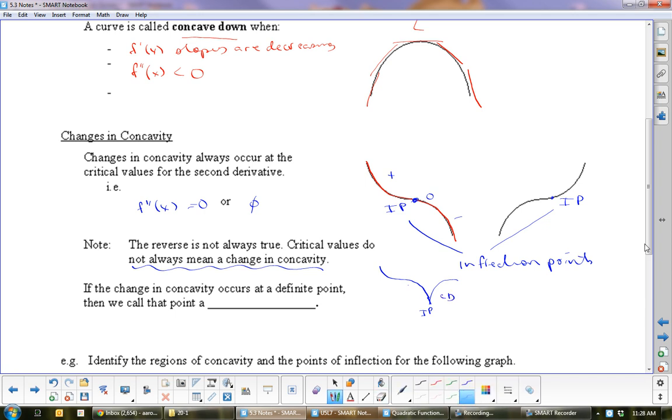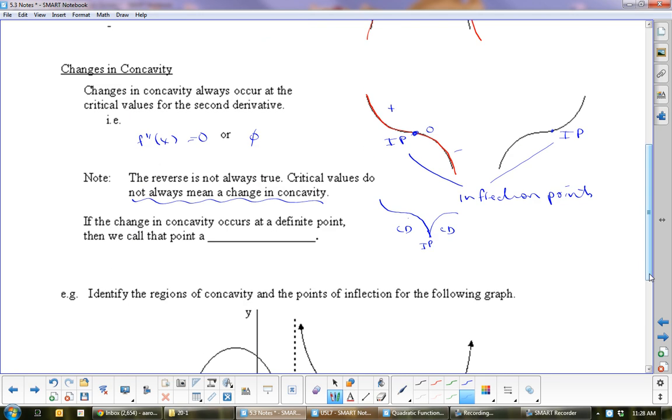So even though it is an inflection point here, why? Because this is when f double prime x would not exist. Why? Because you can't find the slope at that point. So if the change in concavity occurs at a definite point, then we call this a point of inflection.